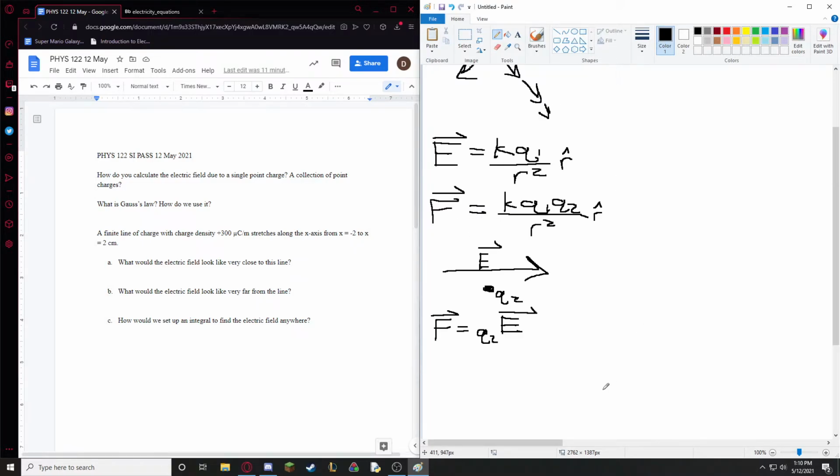If that electric field is being generated by another charge, it's kq1 over r squared. So the force acting on it would be our force due to two charges, as we'd expect. That's how we get the electric field from one singular charge.